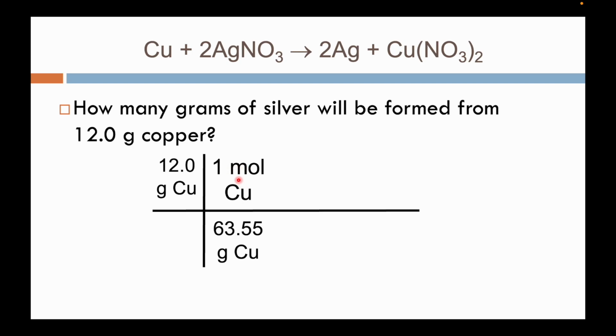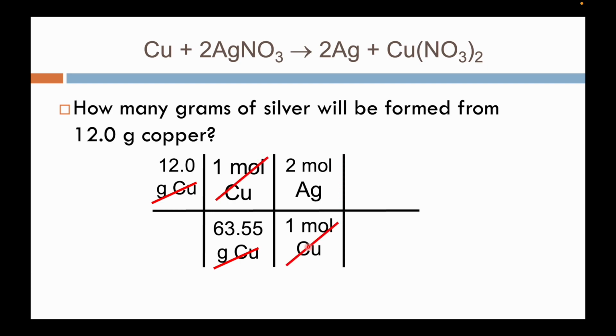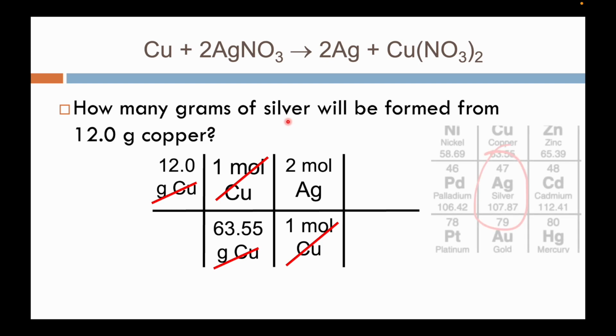Now it's time to use that molar ratio. 1 mole of copper is going to form 2 moles of silver. 1 mole of copper for every 2 moles of silver. Cancel out the moles of copper, and now I'm left in moles of silver. I'd be done if it was asking for moles of silver, but it's not. It's asking for the mass of silver in grams.